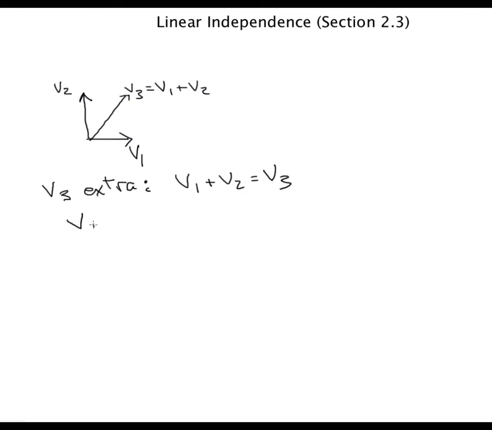And another way to say that is that v1 plus v2 minus v3 is equal to the 0 vector. And this is a linear combination of the three vectors, and it's giving you the 0 vector. And the fact that v3 is extra is one way to think of that is that there's a linear combination of these three vectors which gives 0.